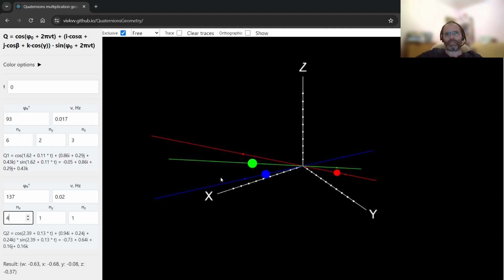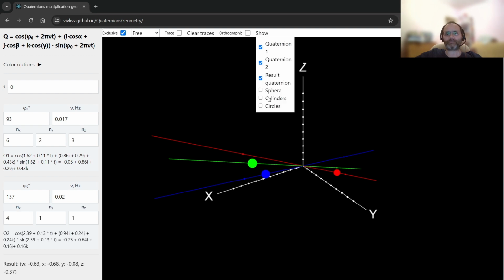If you just look, it seems like there are no particular patterns, but the situation will change if we start displaying certain cylinders. What are these cylinders?